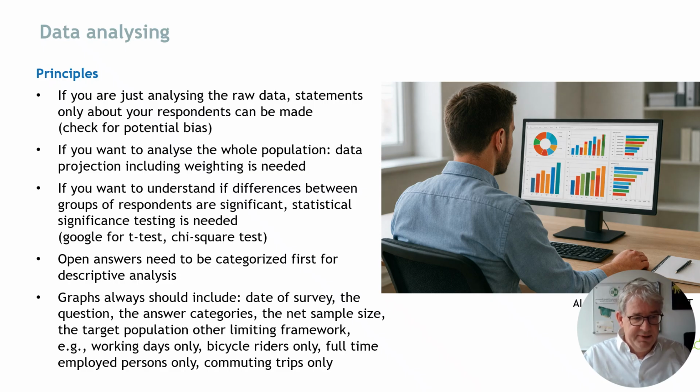What also needs to be done in the data analysis is that the open answers need to be analyzed and categorized, to group them into types of answers so that you can really analyze this data. This also concerns the category "others". If you have a question with categories and you have this included as others, you should also read the entries in the others data, and sometimes you can categorize these into the pre-categorized answers.